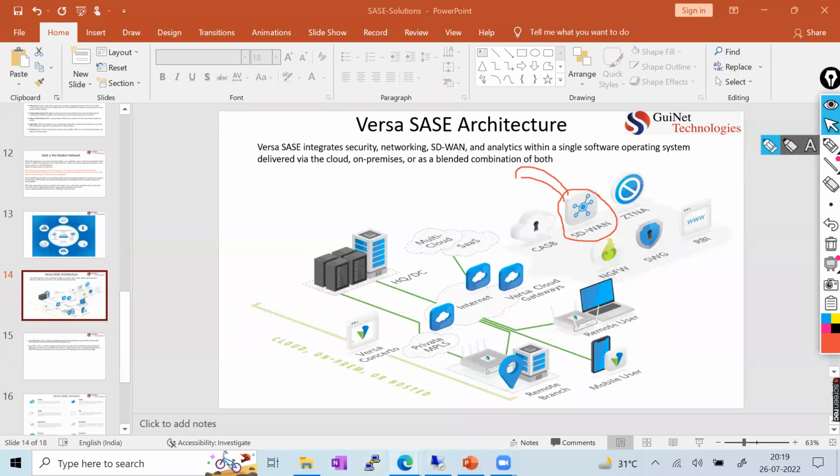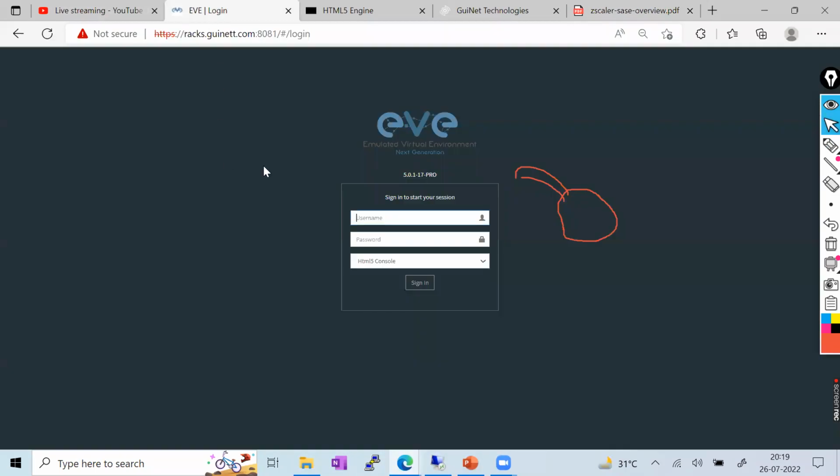For time being, I have two SD-WAN solutions. Let me log in and I'll show you. Let me see why I'm not able to log in.